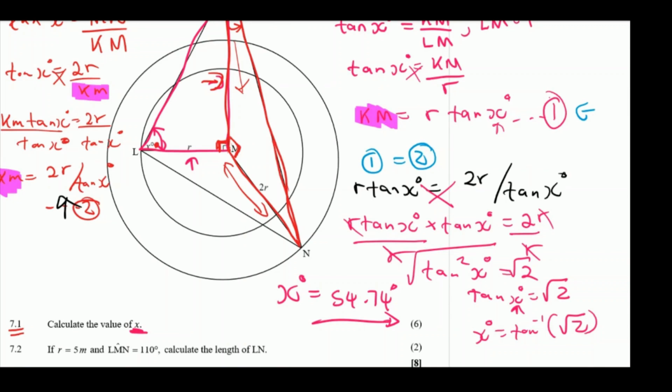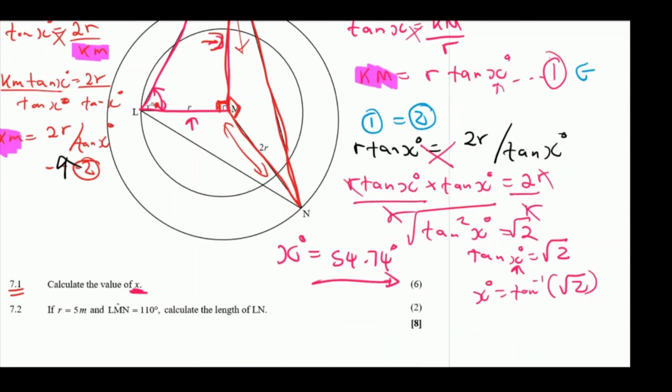So now we are going to go to 7.2, which says that if you are given r as 5 meters and the angle LMN as 110 degrees, calculate the length of LN. So let's look at the diagram that they are talking about.